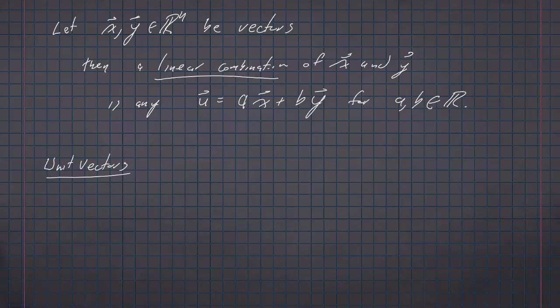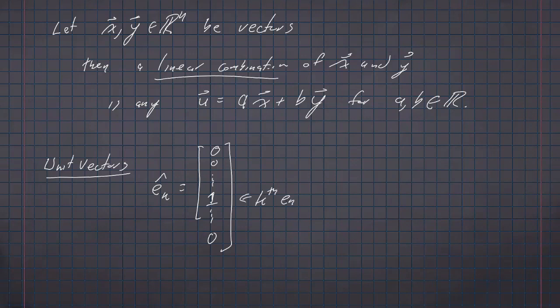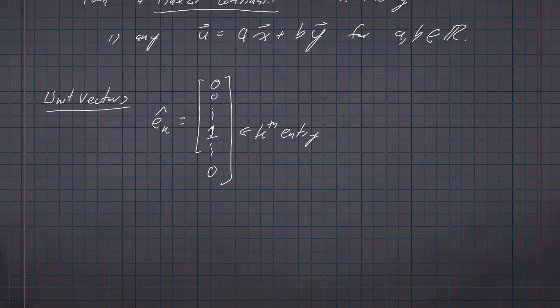When we're looking at a generalized n-dimensional vector space, we're going to call it e sub k hat, which is going to be the vector where the kth entry is a 1, and all of the other entries are zeros.